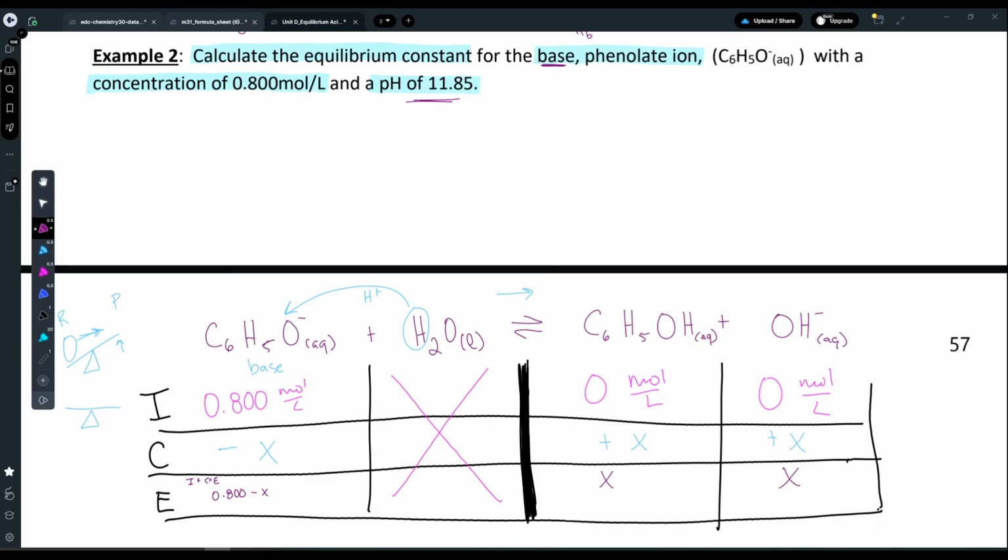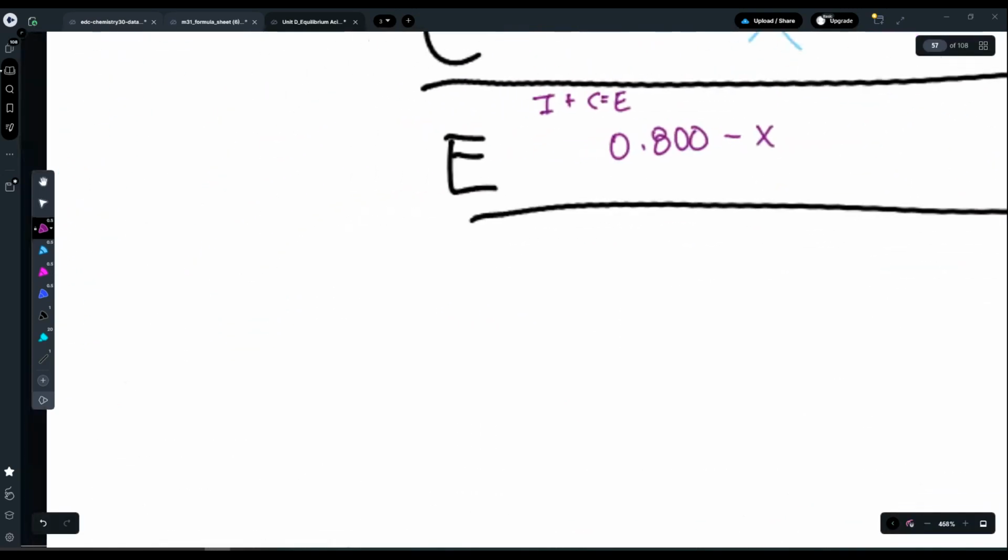Now, since we don't have that, we can't use this number as is right now. But what we can do is convert it from pH to pOH, and then use pOH to help us find the concentration of hydroxide ions.